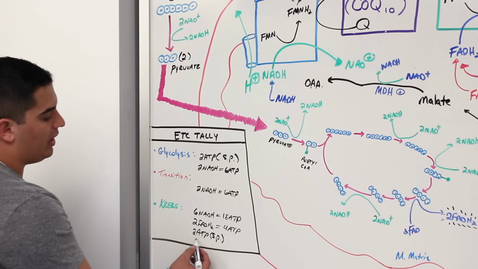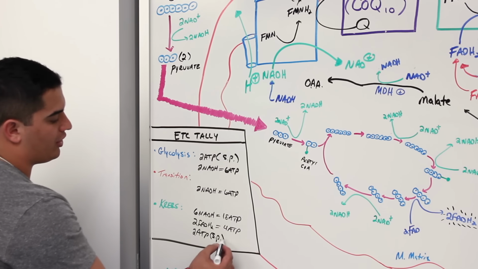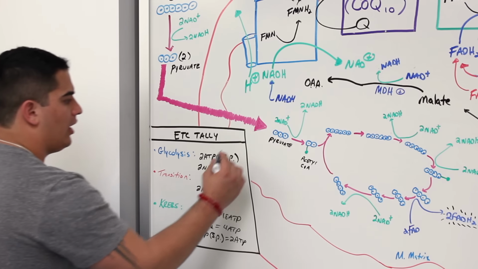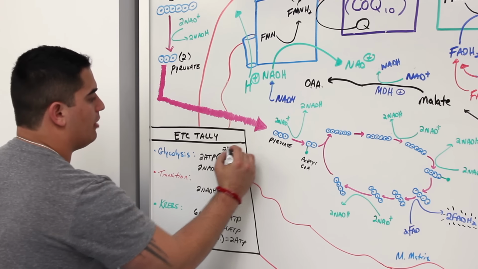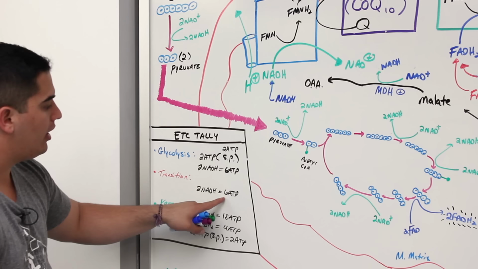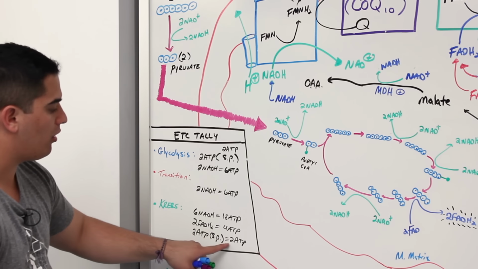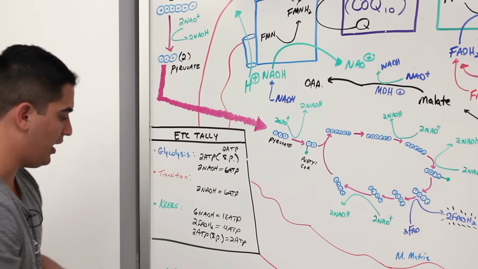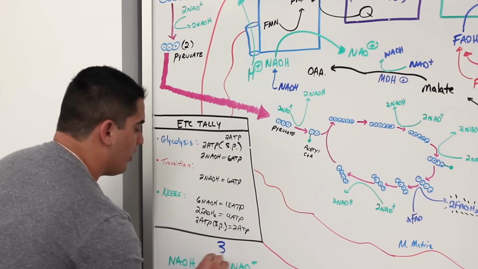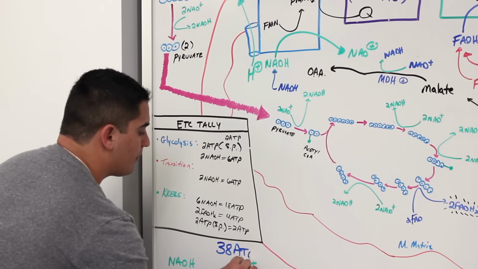And then the 2 ATP by substrate phosphorylation, this will give me another 2 ATP. And I'll just do this for the heck of it, 2 ATP. If we add 2 ATP plus 6 ATP plus 6 ATP plus 18 plus 4 plus 2, what is that going to give me as a grand total? My grand total is going to be a total of 38 ATP.